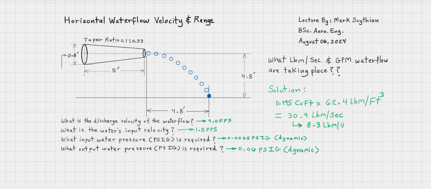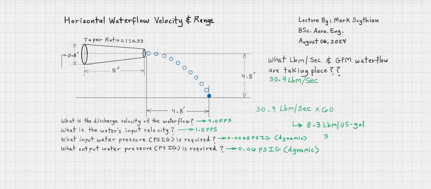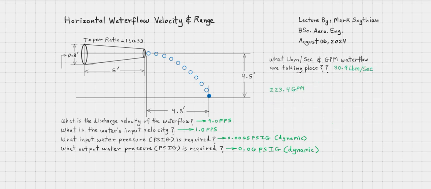This ends up becoming 30.9 pounds per second. If we multiply that by 60 seconds, that's 1854 pounds per minute water flow. And then we know 8.3 pounds to a US gallon, so 223.4 GPM.